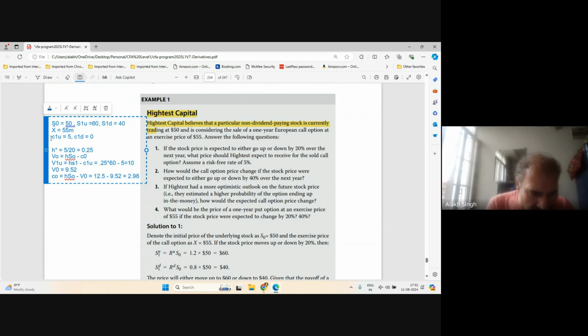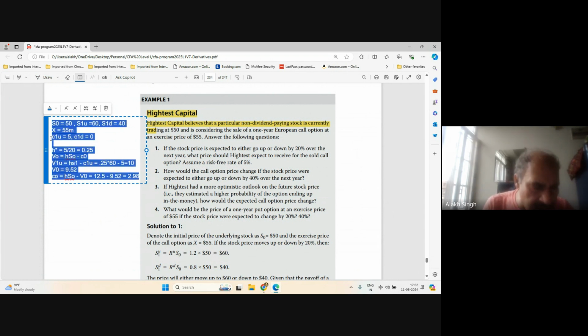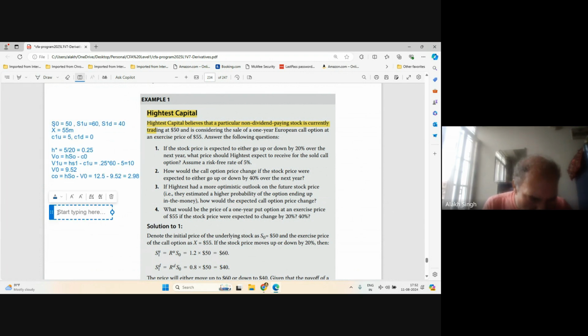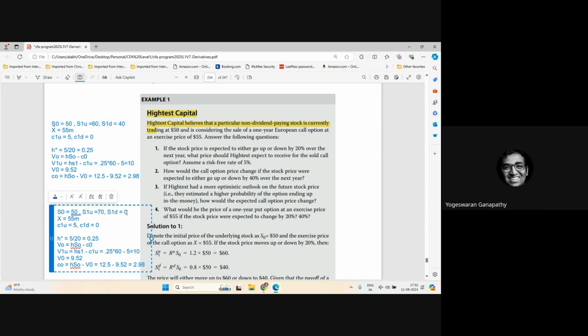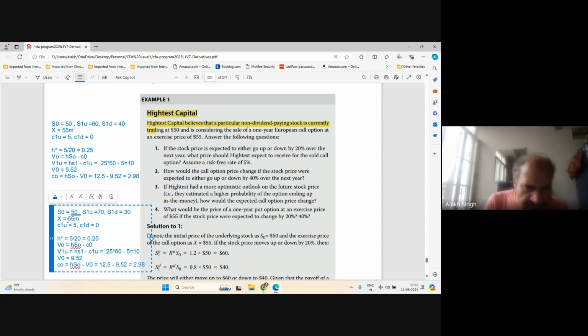Control A and Control C, and I paste it here, Control V. Okay, S0 is same. What will be this S1U? It will be 70, sir. And this one will be 30.